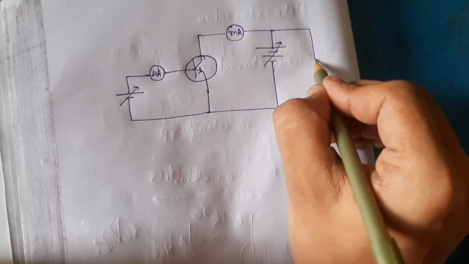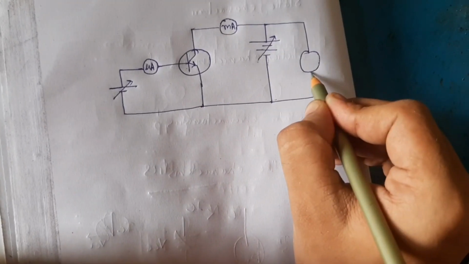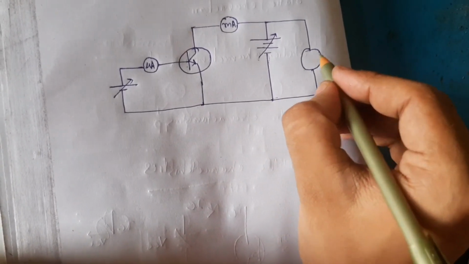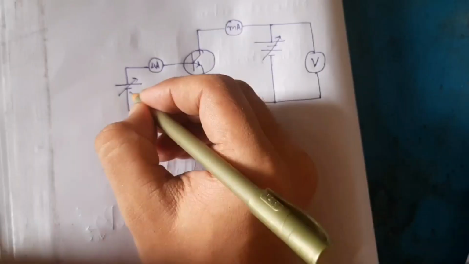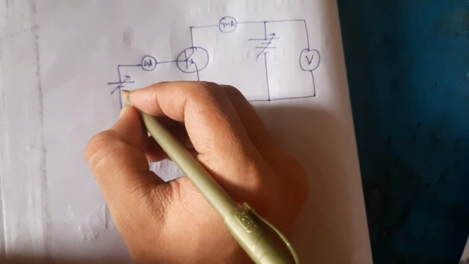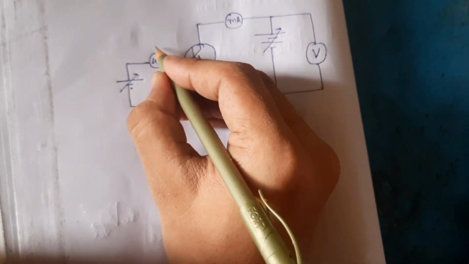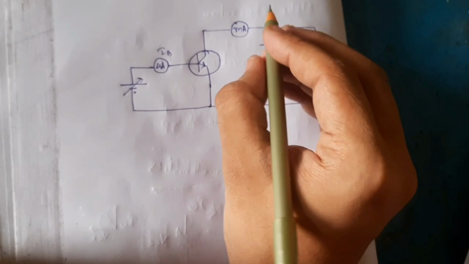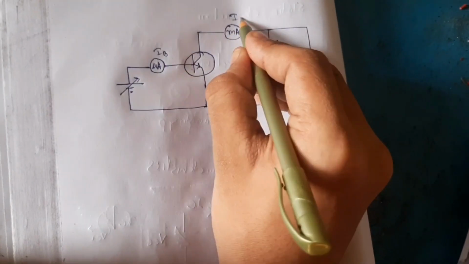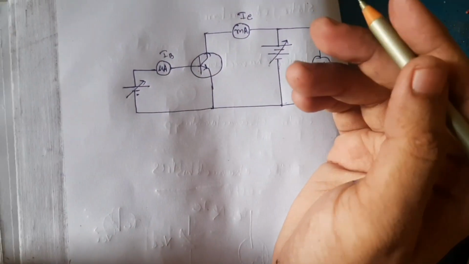We connect a voltmeter here, which is V. If we increase the voltage of this power supply, the IB is increased and also the IC will increase.